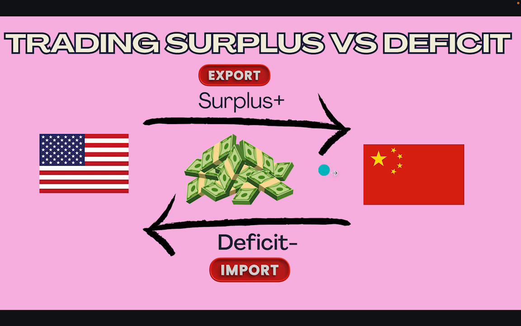And then we have the opposite, which is the deficit. We are buying things from China. The money is going to them. I put a plus next to surplus because, again, this is a positive sign. When we are exporting more, we have a trading surplus. And I put a minus next to deficit because when we are importing more, we have a trade deficit. Make sense? Okay.